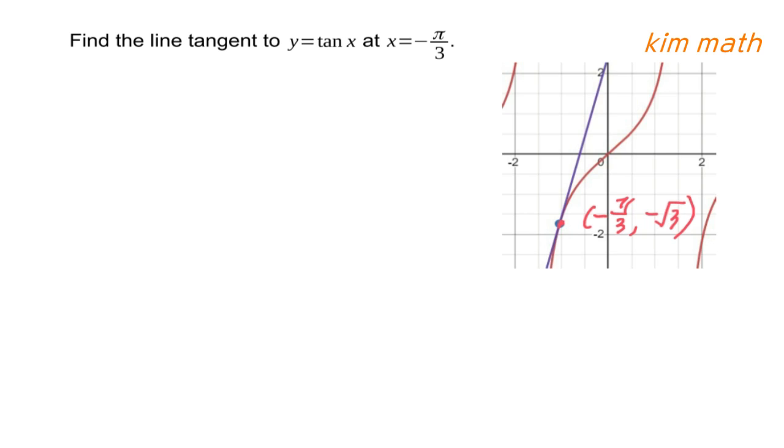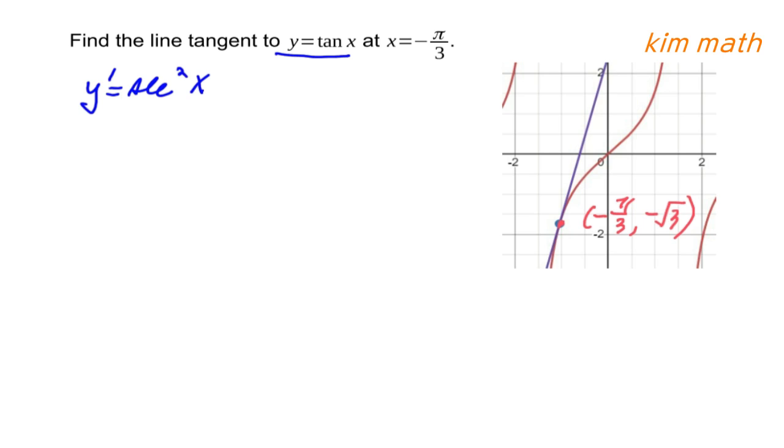So we have a point. Now it's time to find the slope of the tangent line. To find the slope, we need the derivative. So from here, y prime equals secant squared of x.